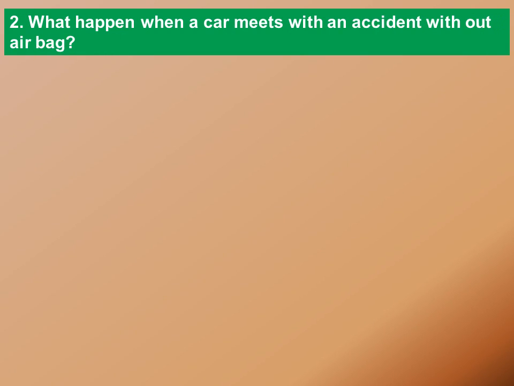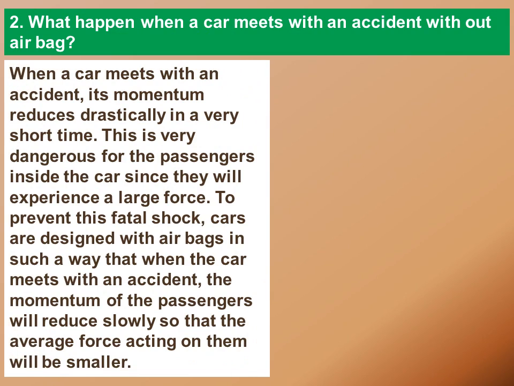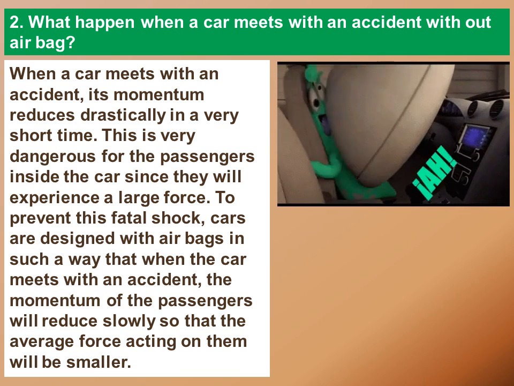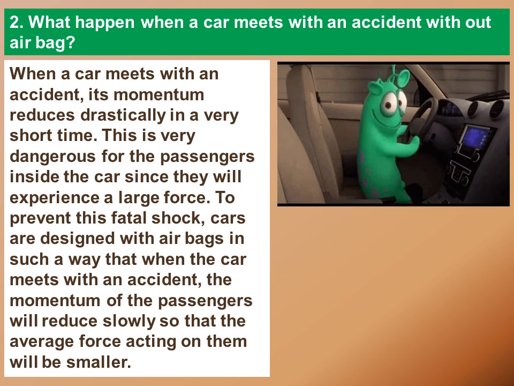Second question: what happens when a car meets with an accident without an airbag? We are all aware of accidents nowadays, and airbags support the driver without any hurt to the chest and head. See the picture, and now let's move to the theory.